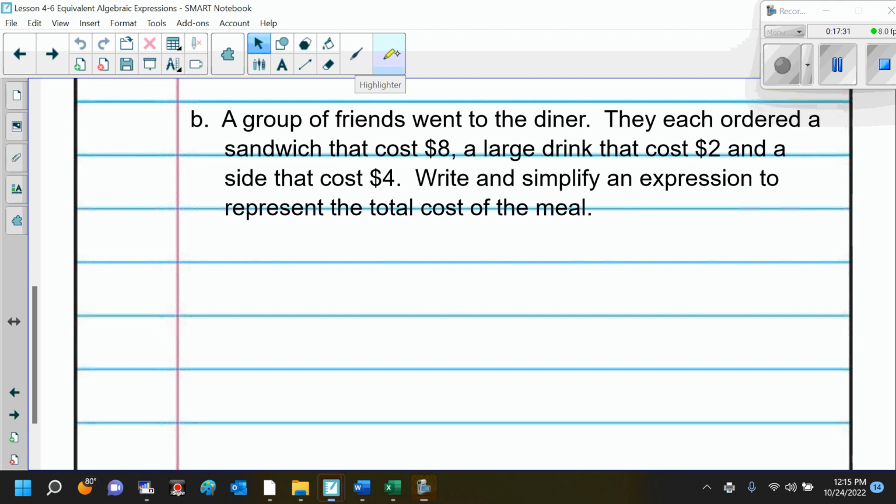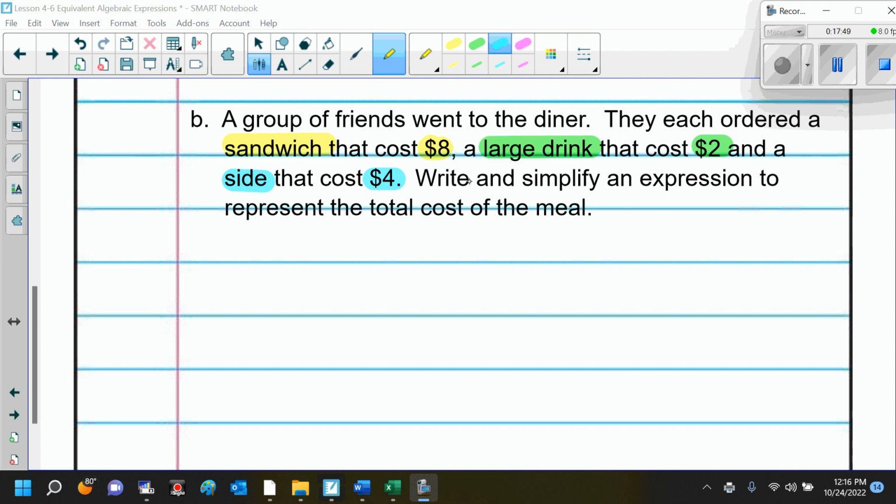So the first thing we want to do is identify our important information. So we know that the sandwich costs $8, the large drink costs $2, and the side costs $4. So we want to write and simplify an expression to represent the total cost of the meal.